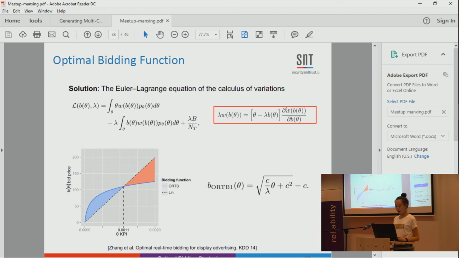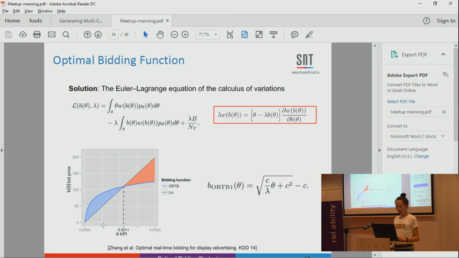Then we also need a representation for the winning probability, and then we can come up with a simple bidding function like this, where C is a constant. In this paper, it shows that the optimal bidding function allocates more budget to the requests with lower CTR.